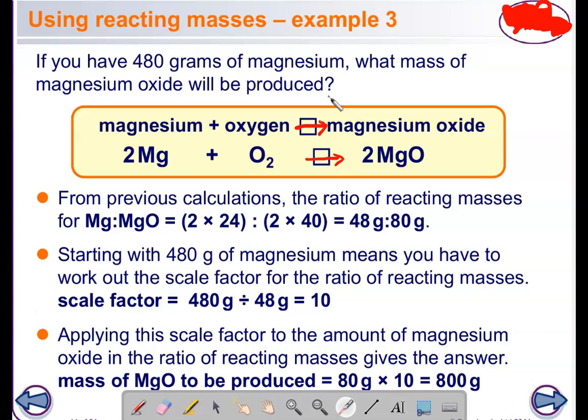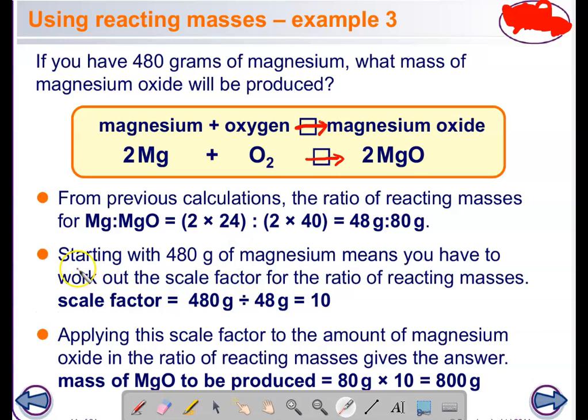Now, I can use proportionality to do it. You can go through the same steps. So here you've got your balanced equation, and the ratio is 2:2. You are going to have magnesium is to magnesium oxide as 2 times 24 is to 2 times 40, in the previous example when we were given 48.